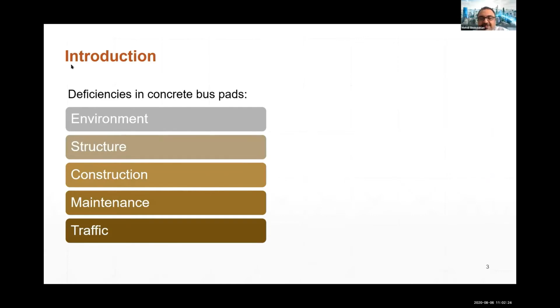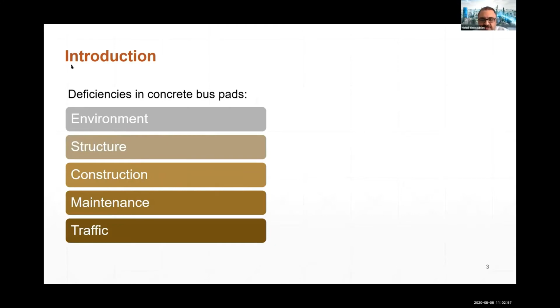In addition to that, the construction characteristics, including the construction technology, quality of the construction, and maintenance are very important as well. The treatments applied for the maintenance and repairing of the concrete bus pad as a rigid pavement are also very important, and the method that we want to use to do these repairs is also a main factor to consider.